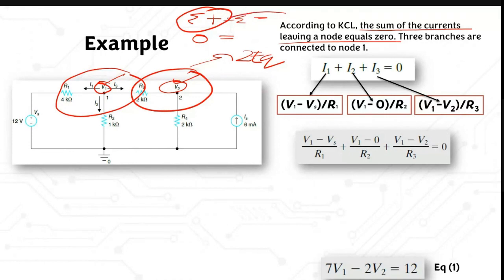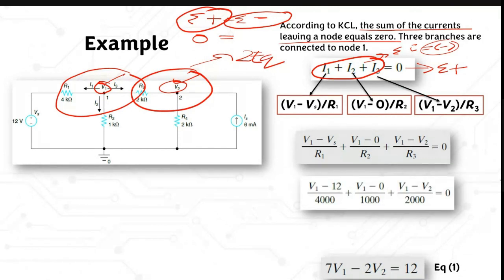So you just sum I1, I3 and I2 here, which are all the current leaving the node. Where this current is positive is 0, just put the 0 here. Then you can get this equation.